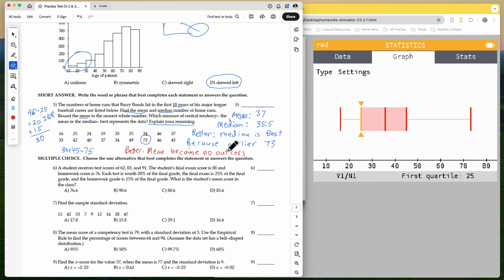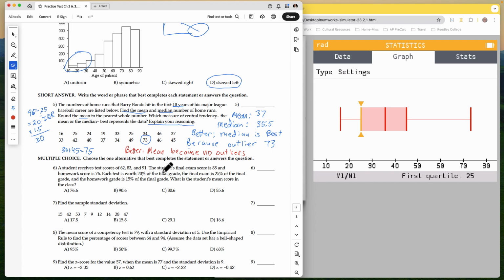Now the test key has this as the median, because it counted 73 as an outlier. It gives it some skew, let's put it that way, but technically it's not an outlier because it would need to be 75. Okay, so I'll accept both of those, but again, it's the reasoning you put.